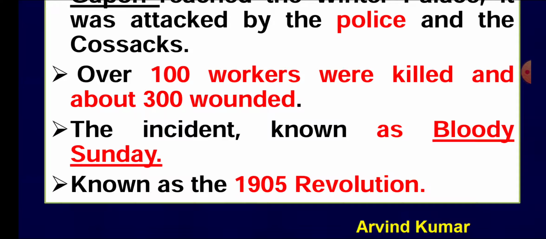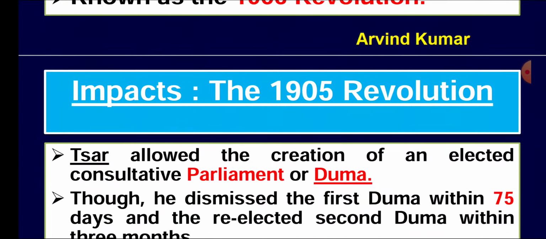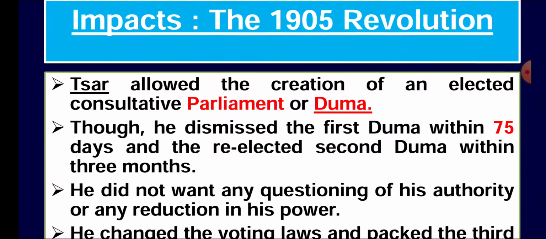Because hundreds of people were killed, this is known as the Bloody Sunday event, because it happened on a Sunday. It is known as Bloody Sunday or the 1905 revolution.